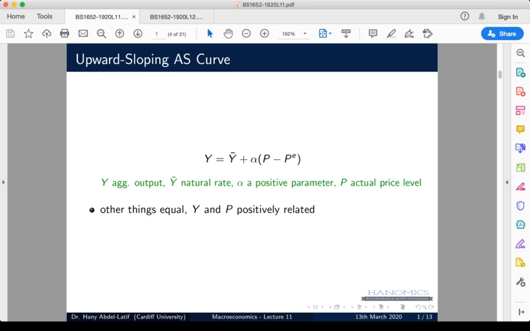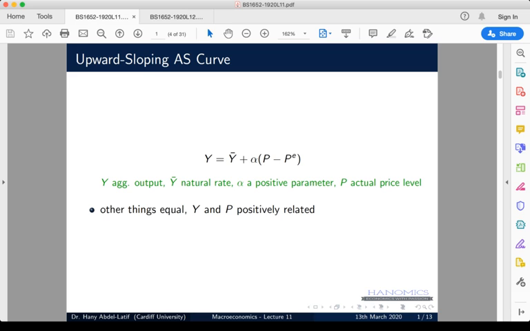So we plotted the aggregate supply curve based on the assumption that prices change in the short run as well, but it takes some time to adjust, which might take us toward the medium run. In any case, if you relax the assumption that prices are fixed, then you have this kind of upward sloping aggregate supply curve.